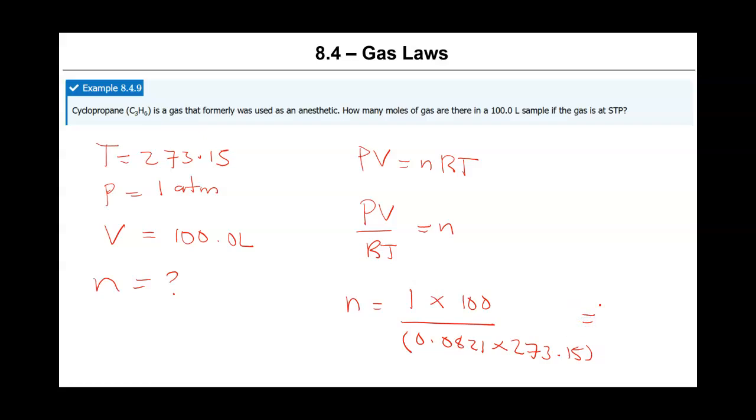So this is going to be 100 divided by 0.0821 times 273.15. And so our answer is, I'm going to give this to 4 significant figures, 4.459 moles.